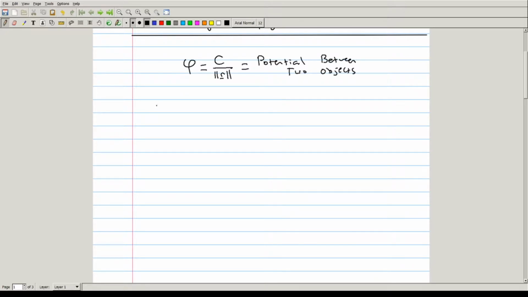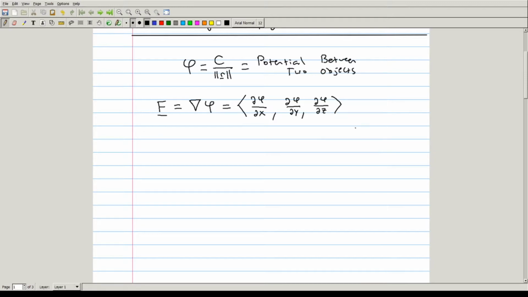So the gravitational force, or the electrostatic force, between two objects is the gradient of this potential phi, and that's equal to the x partial derivative of phi, the y partial derivative of phi, and the z partial derivative of phi.